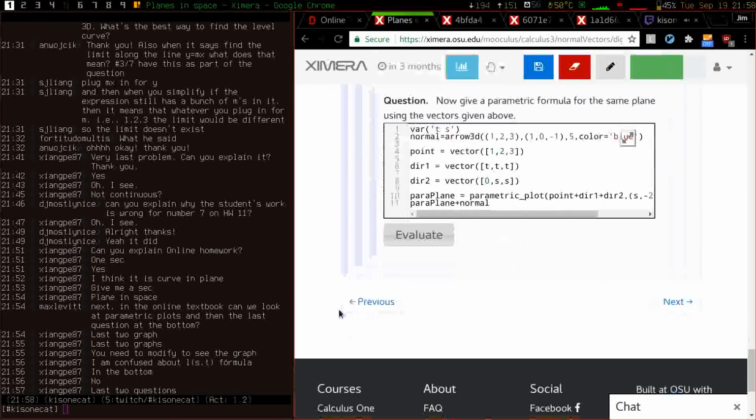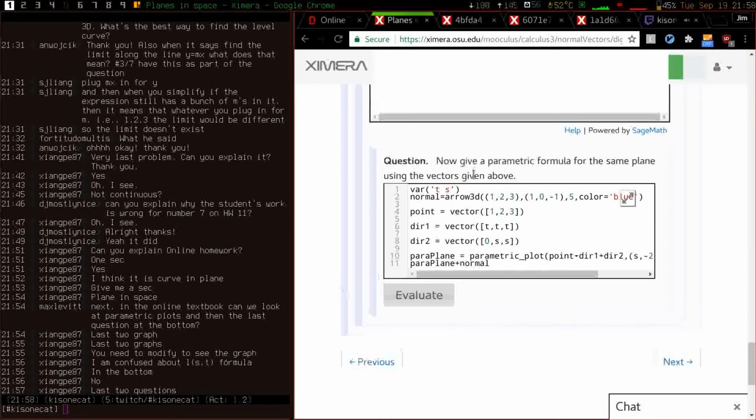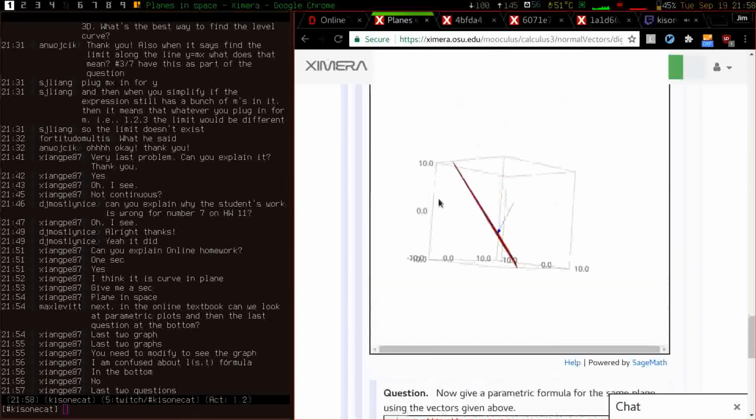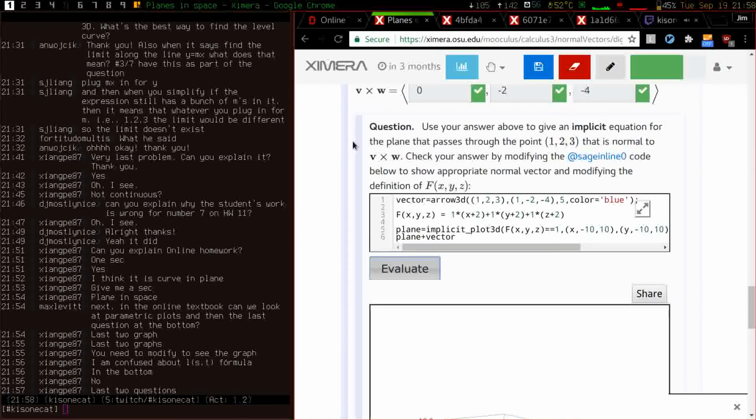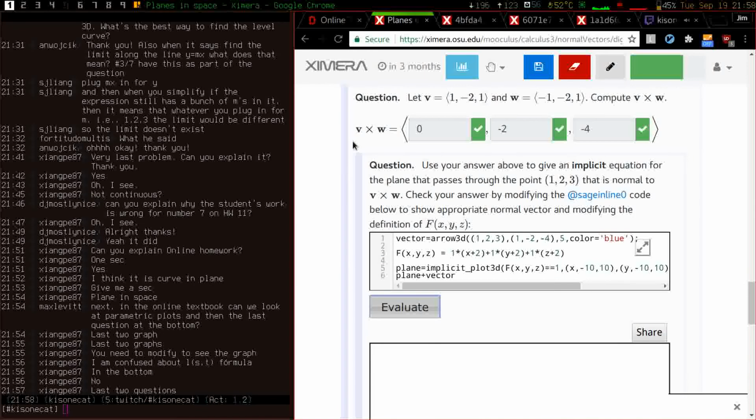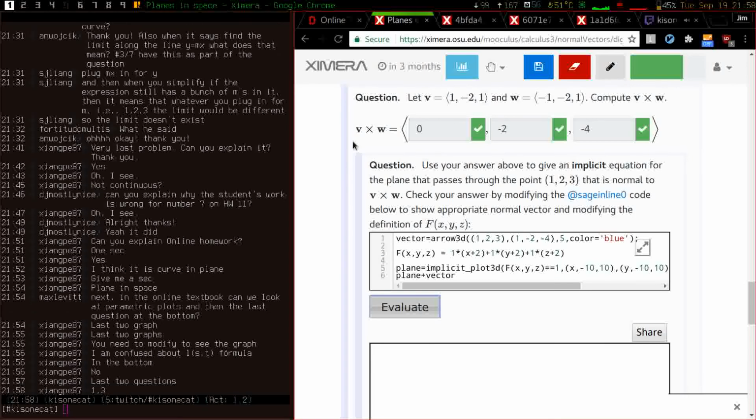Last two questions. Yeah, where you modify the code, you mean to see them? I'm not sure where the LST formula appears in this. Last two questions.